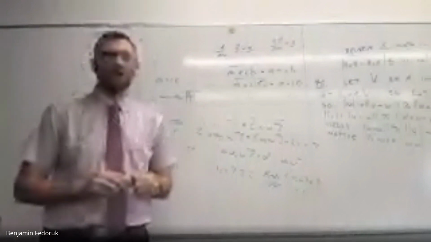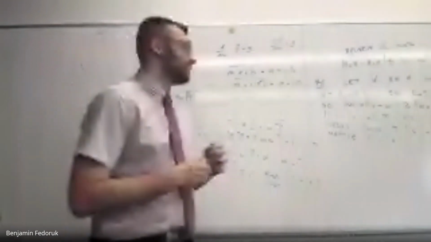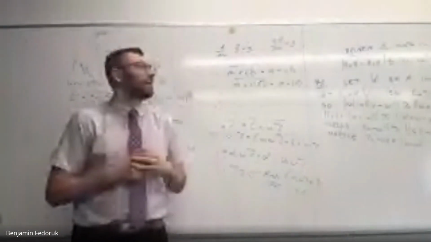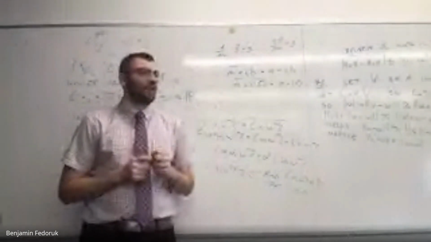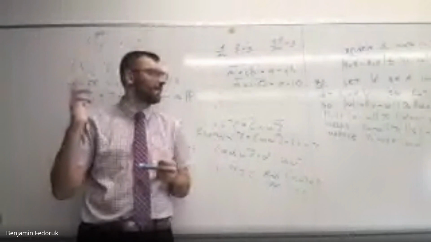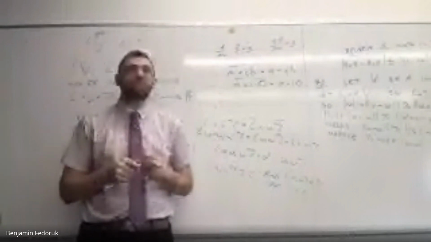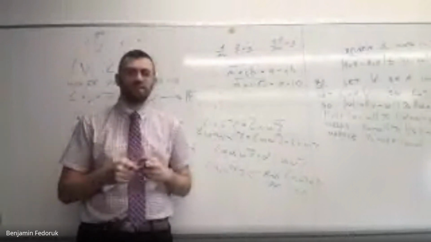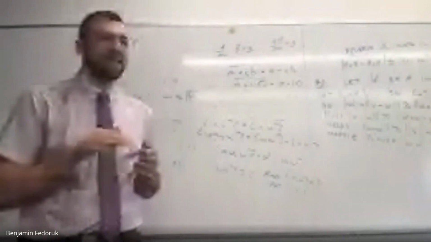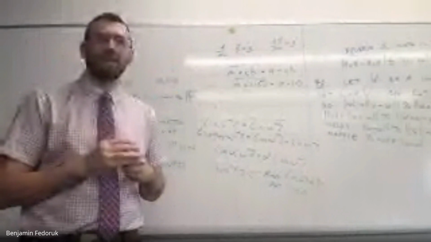When you're writing a proof, this is what I tell my students in linear algebra who are just starting with proofs. Who here has a sibling? Cool. Think of it like your sibling is being a total idiot and is trying to get under your skin. They're trying to poke a hole in your argument.